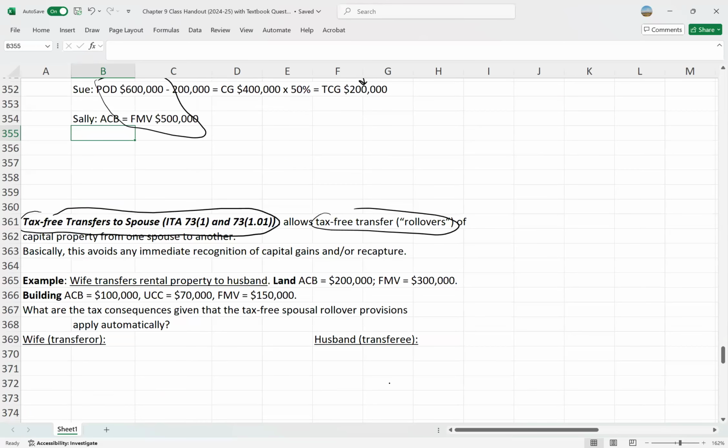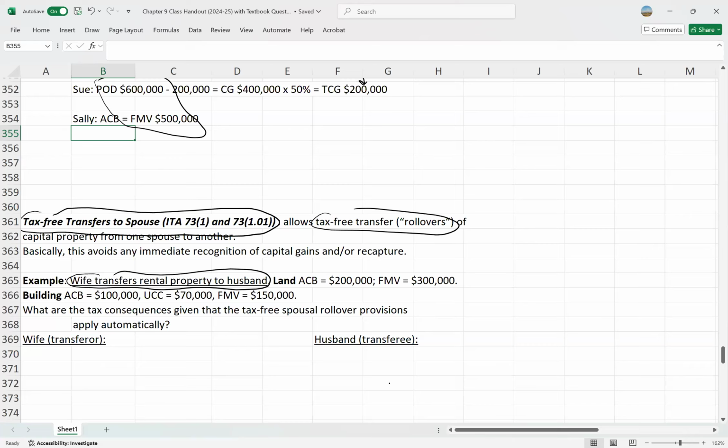Let's say the wife owns rental property and she wants to transfer it to her husband. Could be for many reasons, maybe for survivorship purposes. Maybe the wife has a terminal illness, and so she knows that, when she eventually passes, all of her assets will go to her husband anyway.